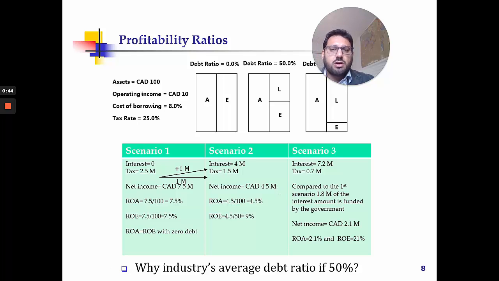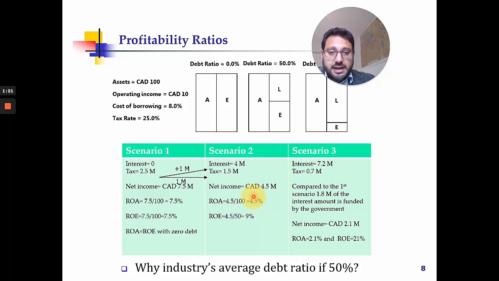So the after-tax cost of debt is actually 6%. 25% tax rate of 8% gives us 2%. If that 2% is subtracted from the before-tax cost of borrowing, which is 8%, this gives us 6%. This is why we say the cost of debt is low, and companies want to use debt in the capital structure.